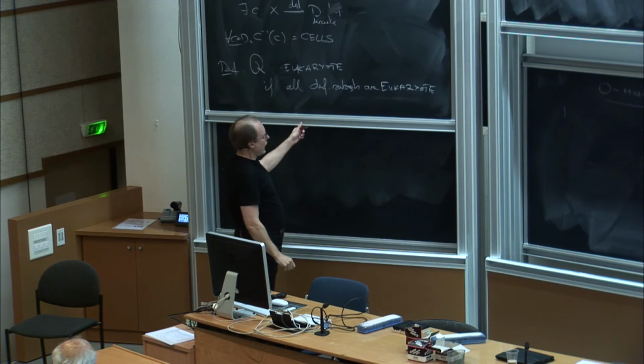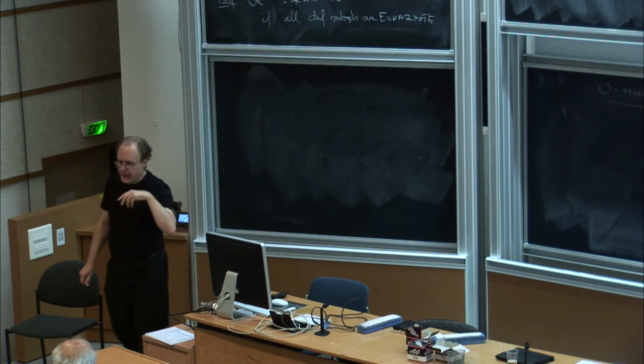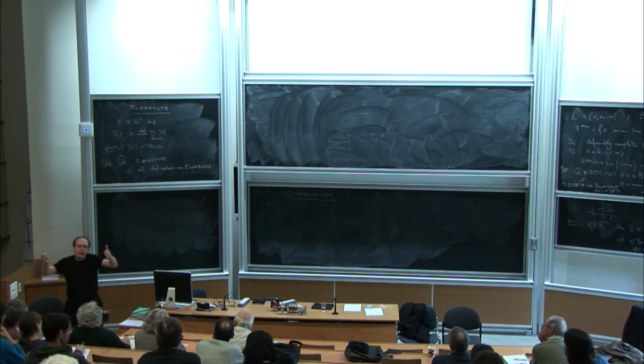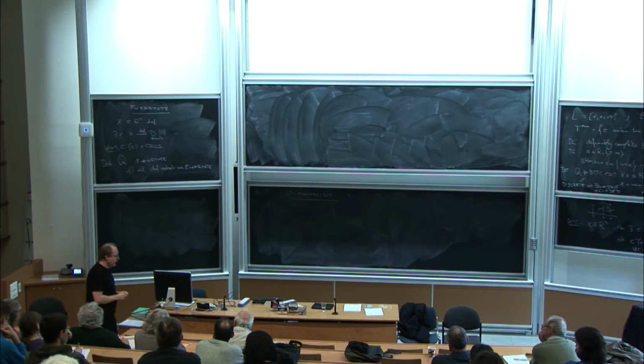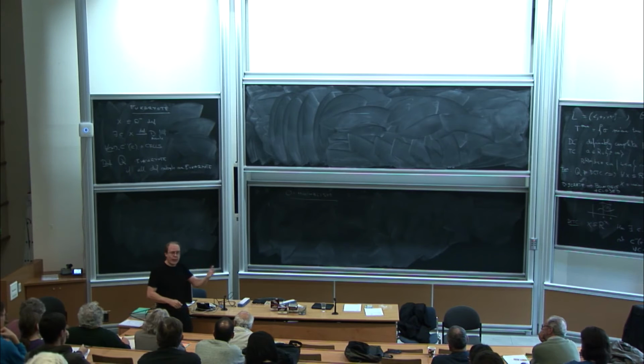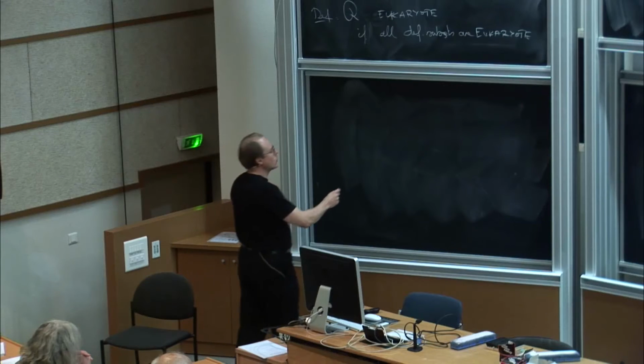Now, why do I single out the definition for a single subset? Because you could always look at all the eukaryote subsets in your structure. It might not be everything, or not all the definable subsets, but at least there's a good collection there. And that collection is actually closed under all Boolean operations, but also under projections. And therefore, there's a reduct that is first order, the eukaryote reduct. So every structure R has a eukaryote reduct.